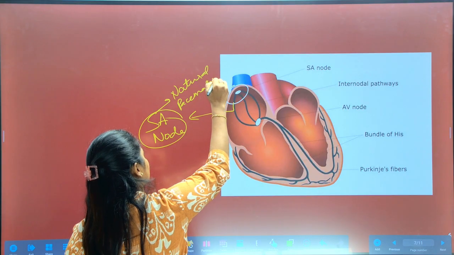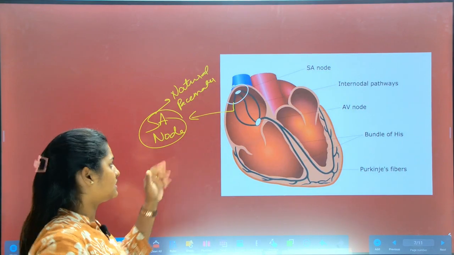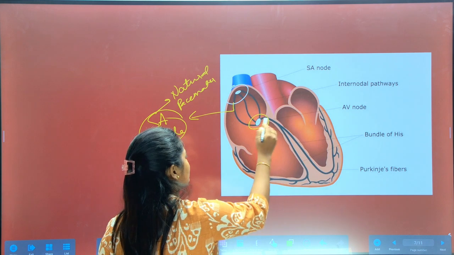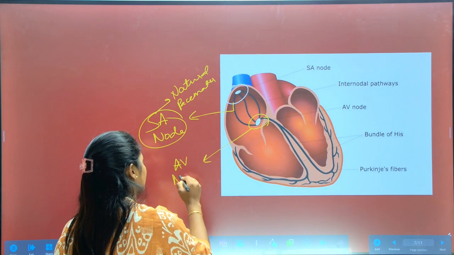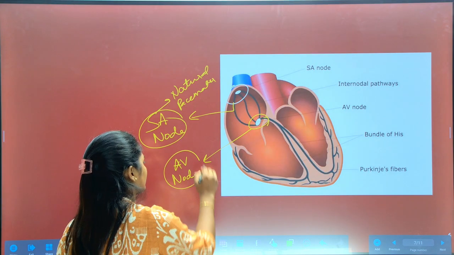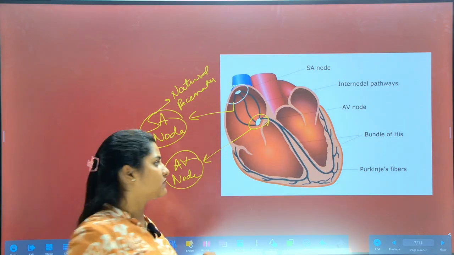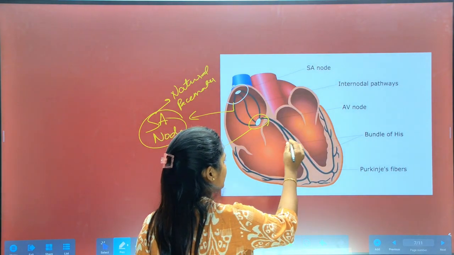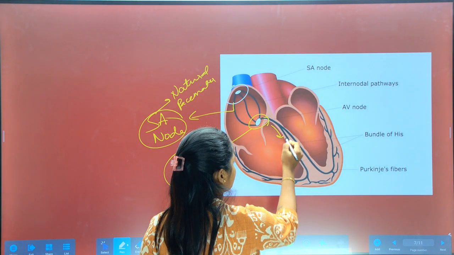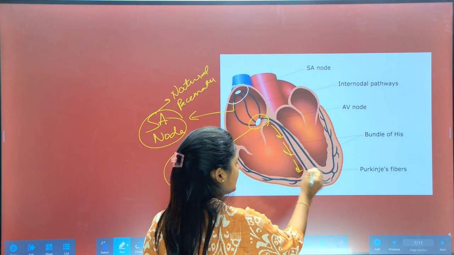It gives signals, and from here they go to the AV node. And what will the AV node do? It will give electric impulses to the bundle of His and Purkinje fibers.